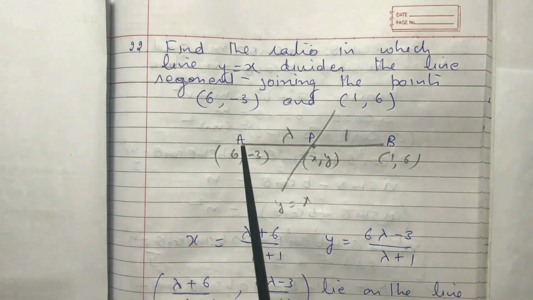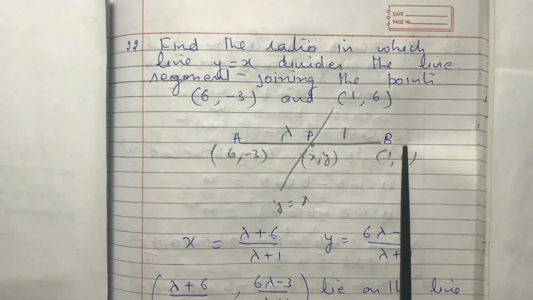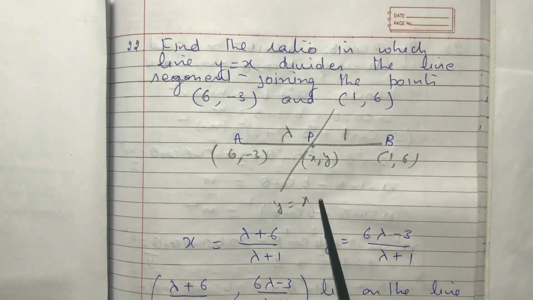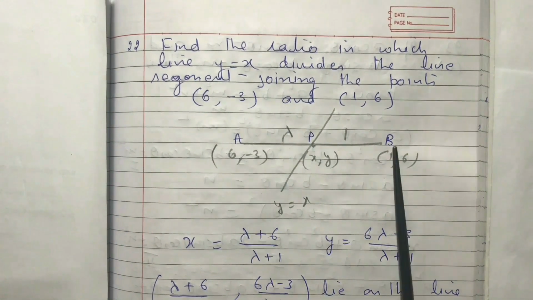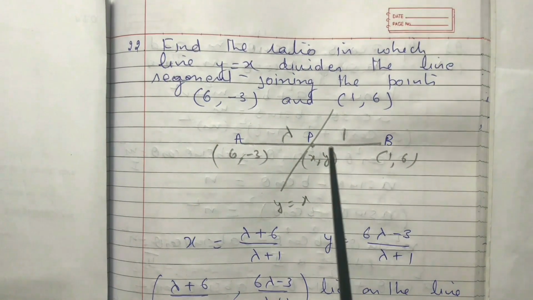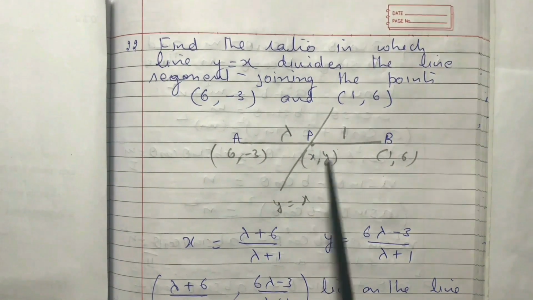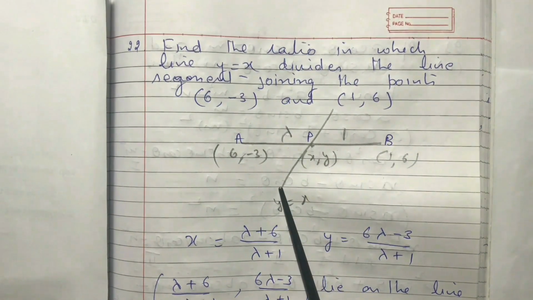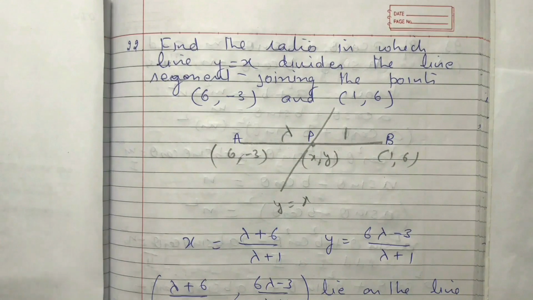Now let this point be A, which is (6, minus 3). Let this point be B, which is (1, 6). This is the line y is equal to x. This divides this line segment in the ratio lambda to 1. First we will find the value of x and y, and that point lies on this line. Then we will find the value of lambda.